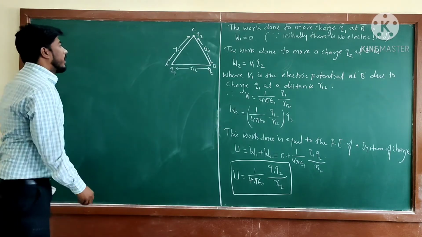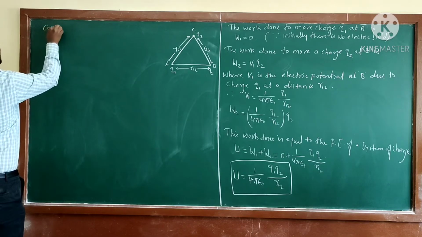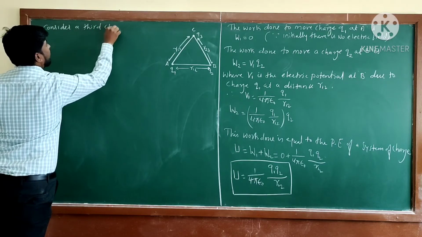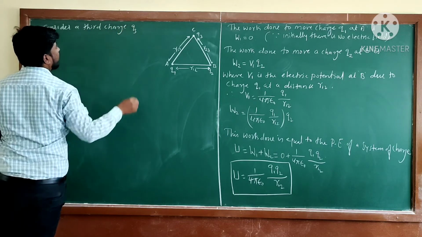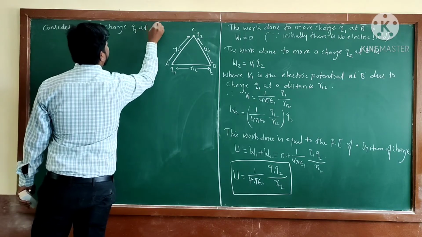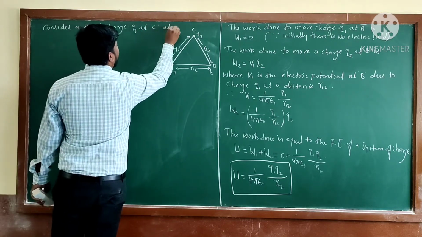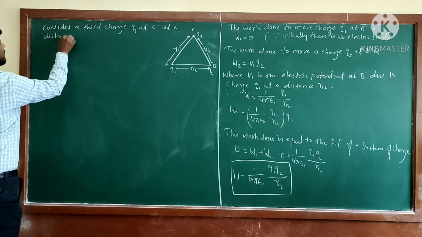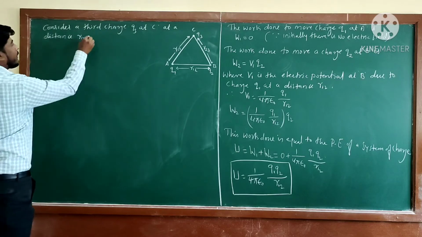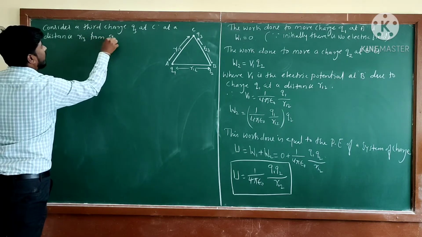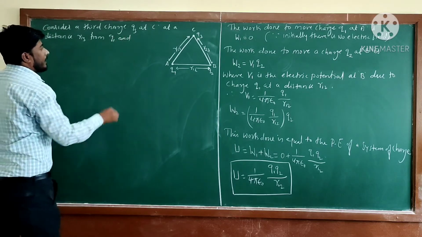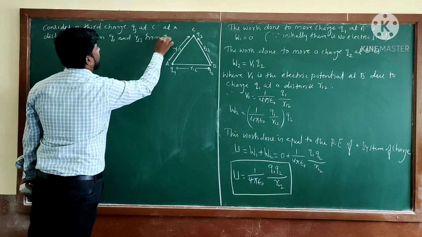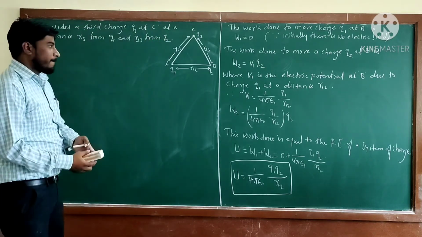Now consider a third charge Q3 at C, at a distance R13 from Q1 and R23 from Q2.